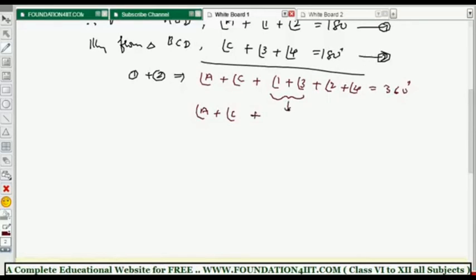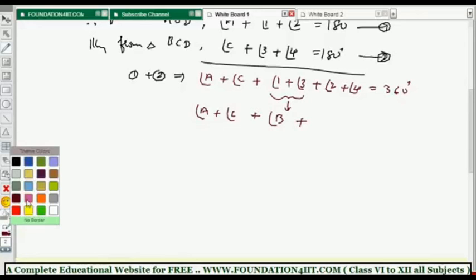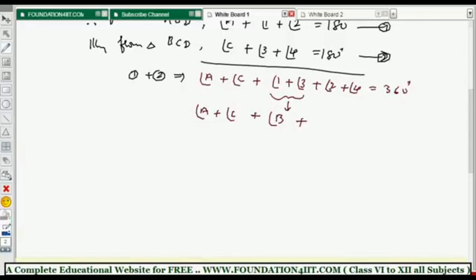So instead of this we can write angle B, and instead of angle 2 plus 4 we can write angle D. That's it.